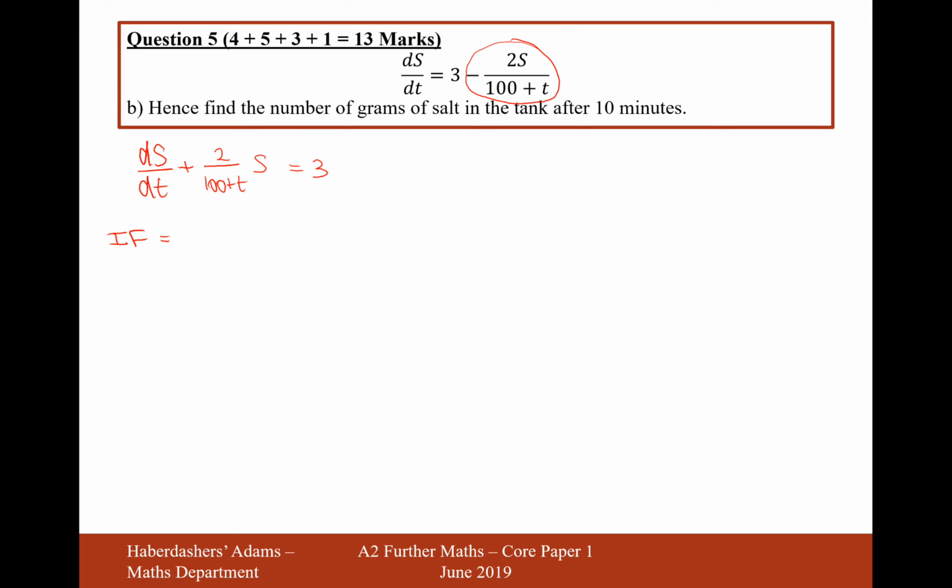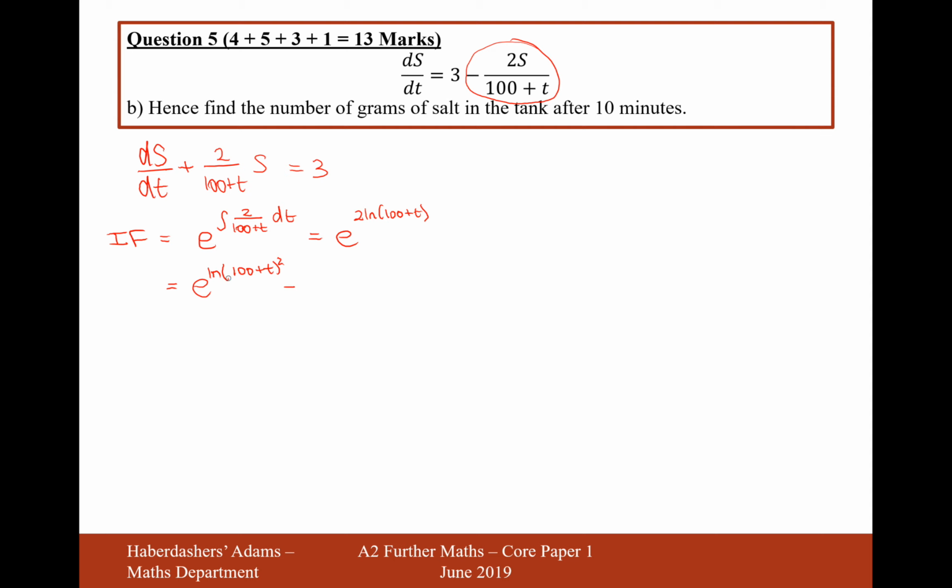So the integrating factor is going to be e to the integral of 2 over 100 plus t dt, which is going to equal e to the 2 ln(100 plus t), which is equal to, now before we cancel out the e and the ln, we need to incorporate the squared into it, so it's going to be (100 plus t) squared.